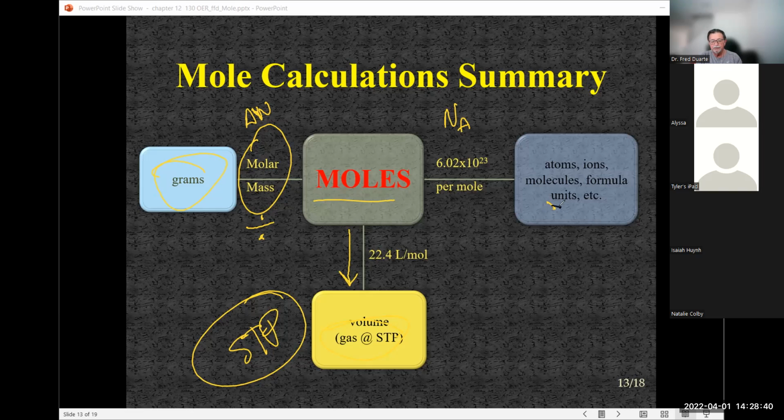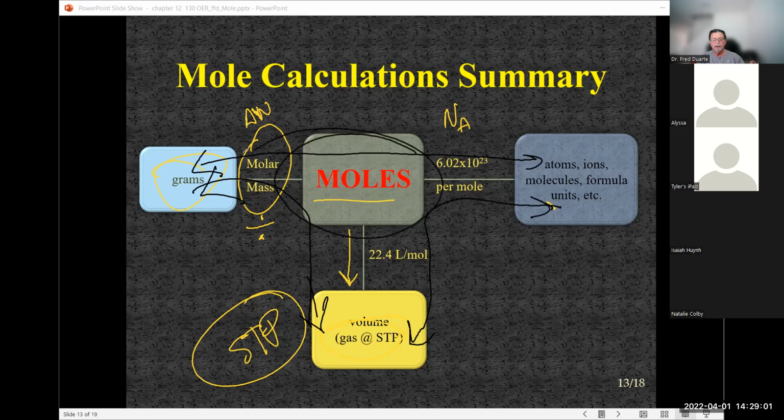Going from units, you can go to volume. Going from grams, you can go to volume and back. And every combination thereof, going from grams to atoms, back and forth, back and forth. But you got to go through moles. Can't do it without the moles.